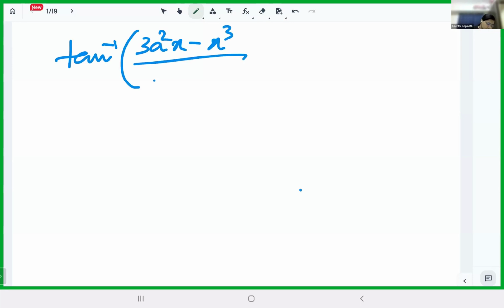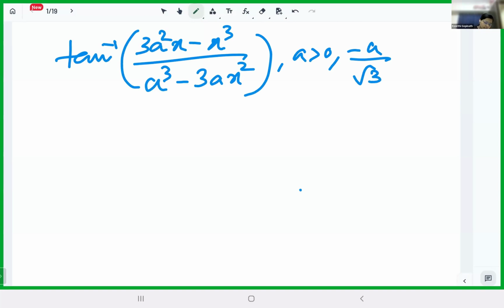Next question is tan inverse of 3a square x minus x cube divided by a cube minus 3ax square. The domain is given: a greater than 0, minus a by root 3 less than x less than a by root 3. Okay, we don't have to worry about the domain for this type of questions.